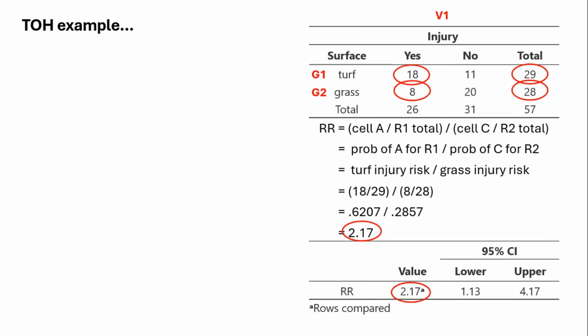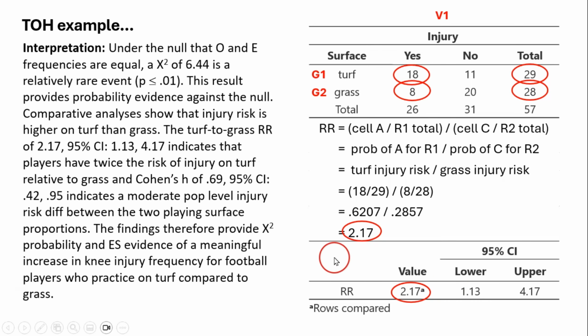Let's interpret that now. So let's go over here and interpret this. Under the null that O and E frequencies are equal, a chi-square of 6.44 is a relatively rare event. This result provides probability evidence against the null.